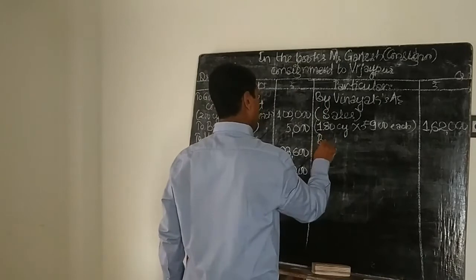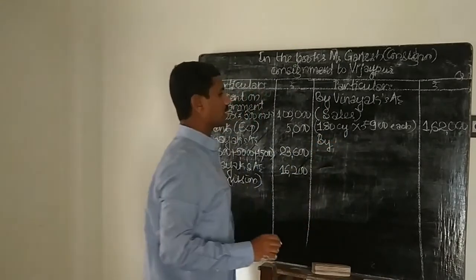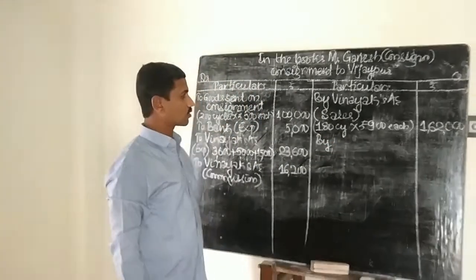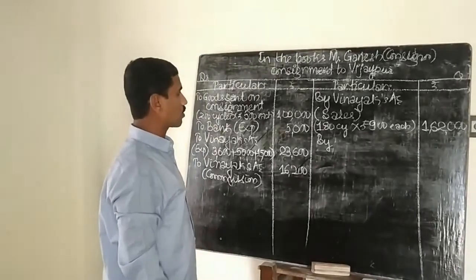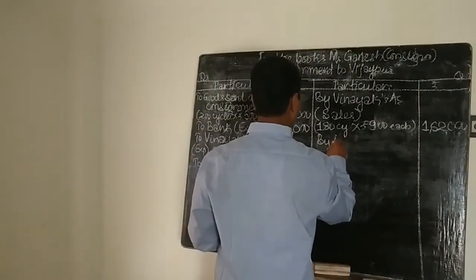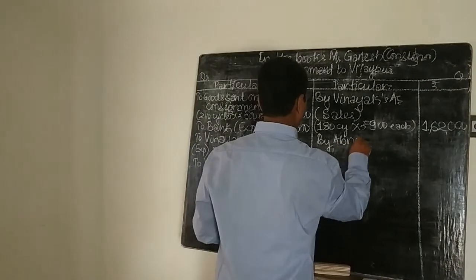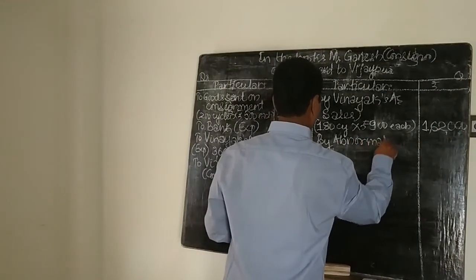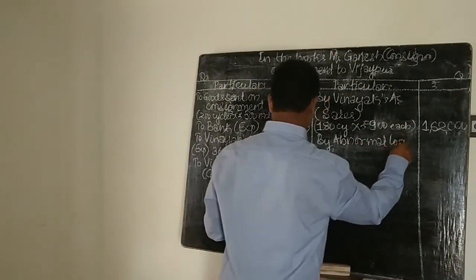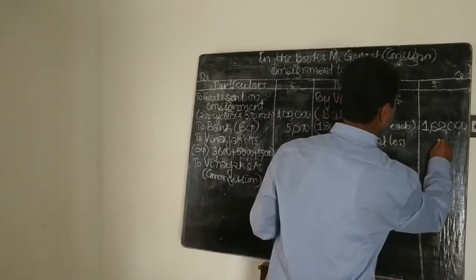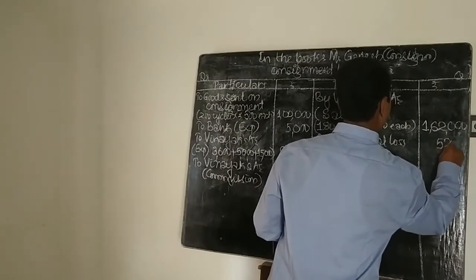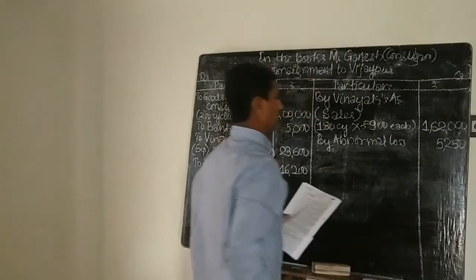Next, by closing stock. Before closing stock, that is recorded abnormal loss. There is abnormal loss also. When there is abnormal loss contribute to consignment, consignment is credited by abnormal loss, which we have calculated as 5,250.